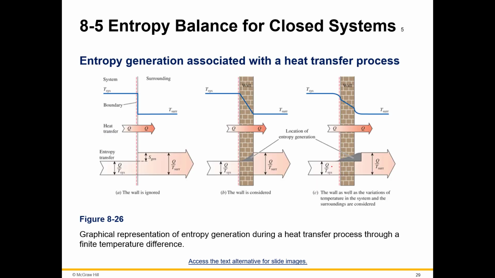Okay, so here's a graphical representation of entropy generated during a heat transfer process through a finite temperature difference. Because remember, when we start talking about finite changes, some of these we regard with negligible change versus no change, right? So here, the wall is ignored.